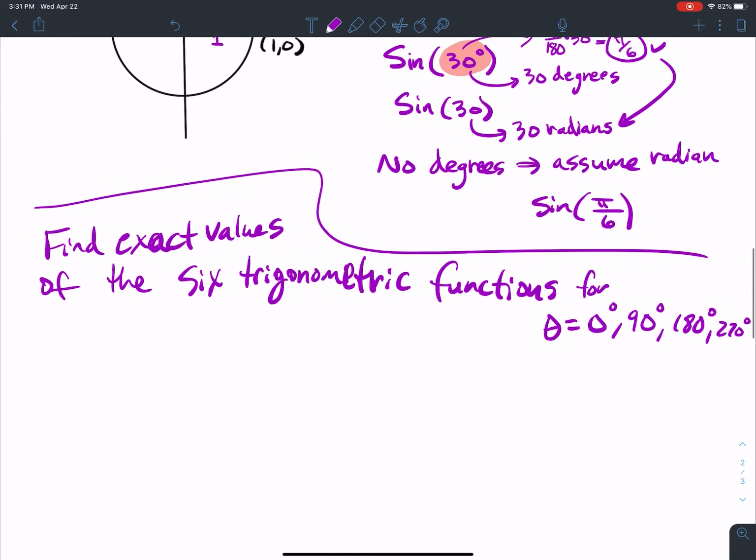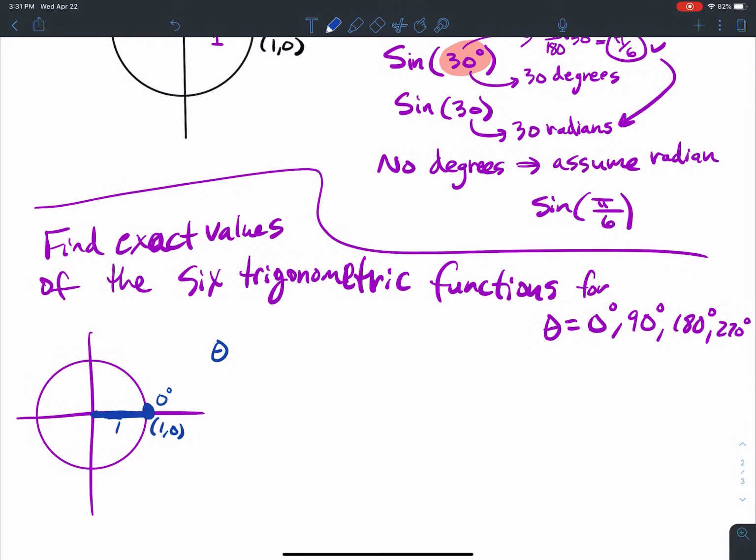For the first one, if I draw a circle at 0 degrees, where am I at? On a unit circle, this is (1, 0). So this is 0 degrees. If theta equals 0 degrees, that's 0 radians. The sine of 0, well, I've traveled no distance there.